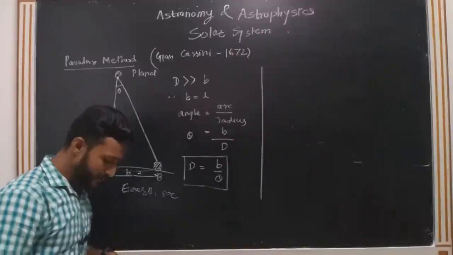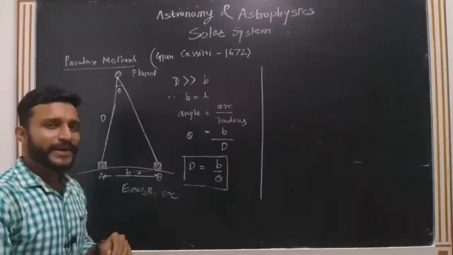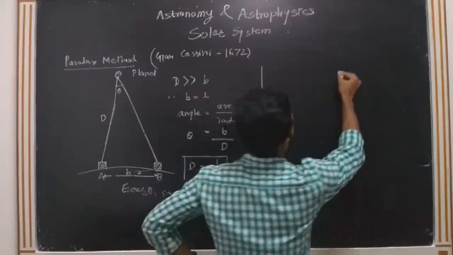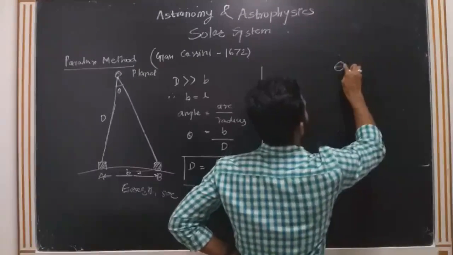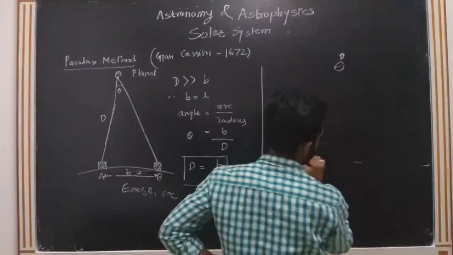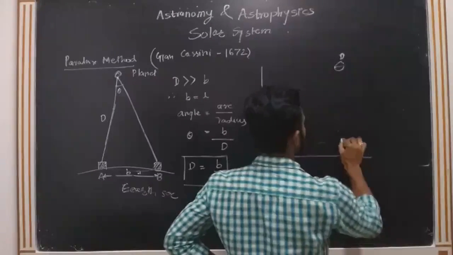This is step 1. Similarly, if you want to determine the diameter of the same planet, let's take one observatory A now and observe.